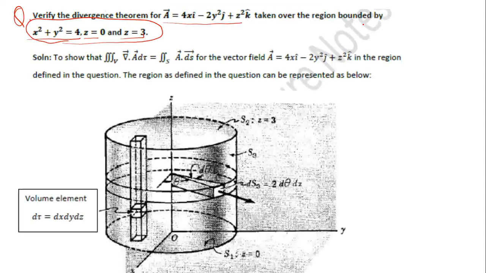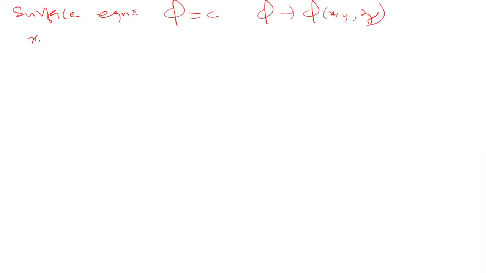The first surface is x squared plus y squared equal to 4, so phi is x squared plus y squared and the constant is 4.